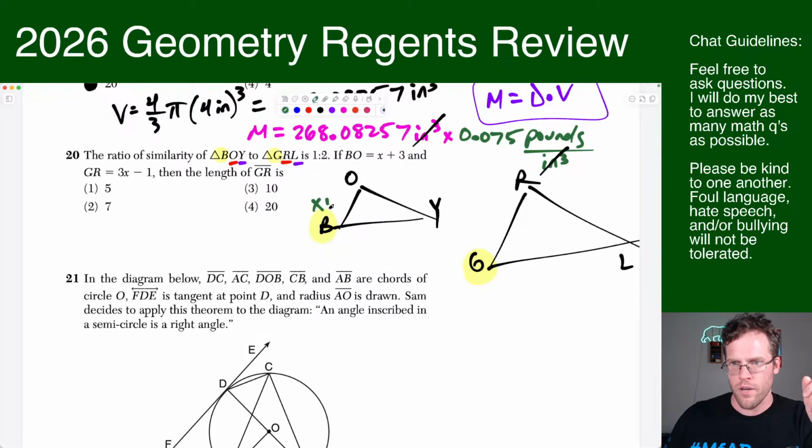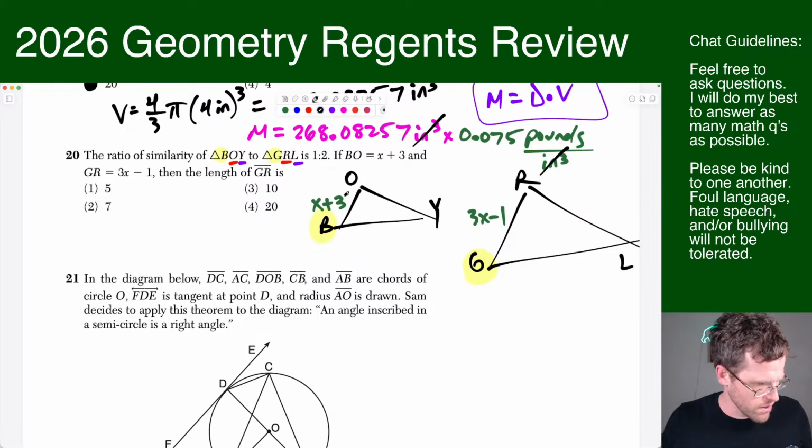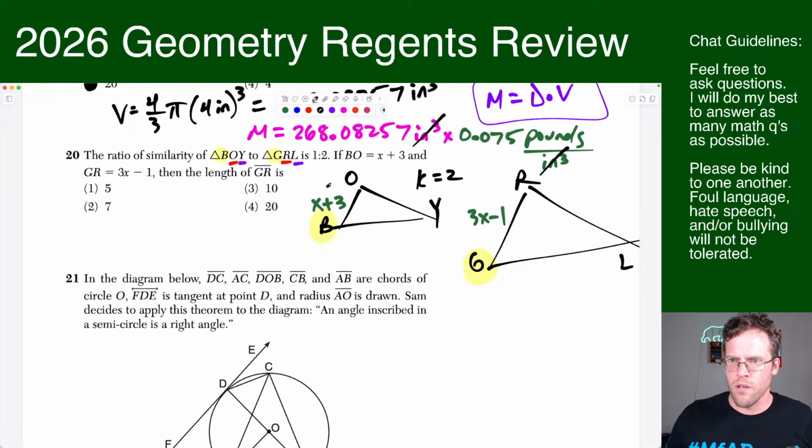So x plus 3 is BO, and then 3x minus 1 is this. They tell us the ratio of similarity of triangle BOY to triangle GRL is 1/2. What that means is this one is double the length of this one. To get from here to here, scale factor 2, I would multiply x plus 3 by 2, and then set it equal to 3x minus 1.